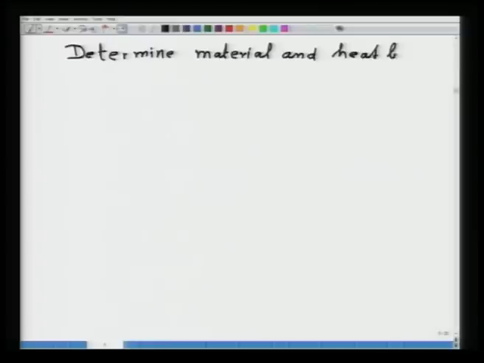Now, let us determine the material and heat balance of a gasifier and calculate various efficiencies.